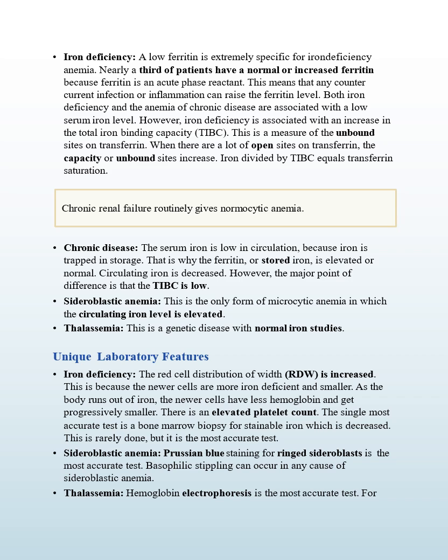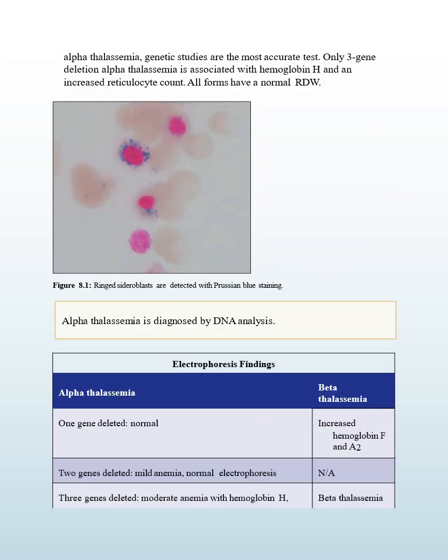And number three, thalassemia, the most accurate test is hemoglobin electrophoresis. In this slide, we discuss that in case of thalassemia, hemoglobin electrophoresis is the most accurate test.